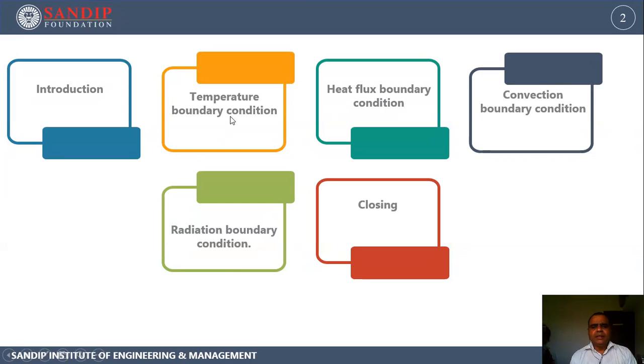For these, I am going to tell you how we can write down the mathematical formulation of the condition with the example of a plane wall. Equally, these equations which I am going to write can be used for cylindrical as well as spherical systems in the same way. So let us start with the introduction.